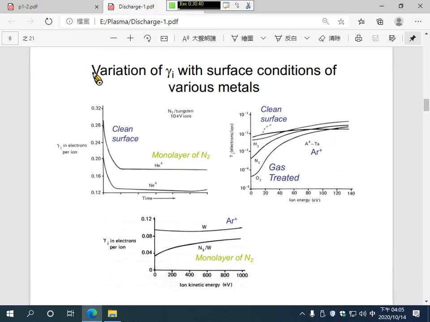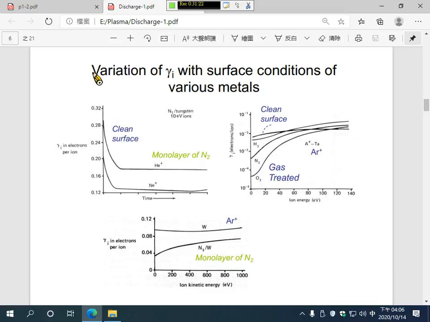Okay, so the last slide let us know that the secondary electron emission depends on the crystallographic plane, whether the 111 plane, 110, or 100 plane. And in this slide, these three figures tell us the secondary electron emission also depends on the surface condition of the material.